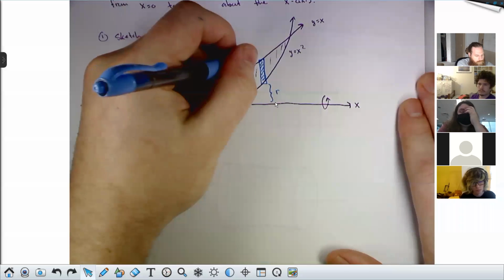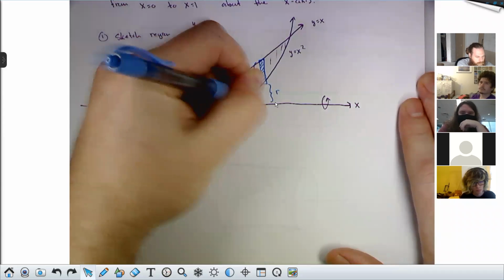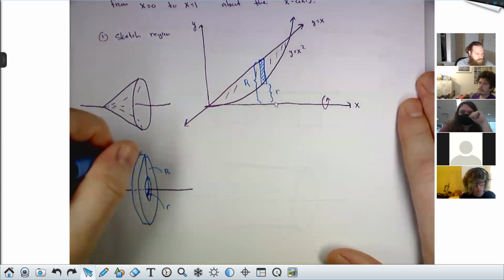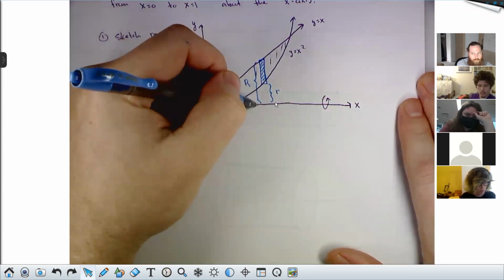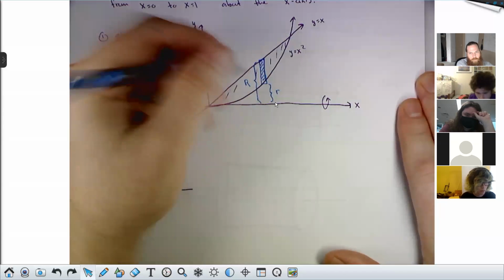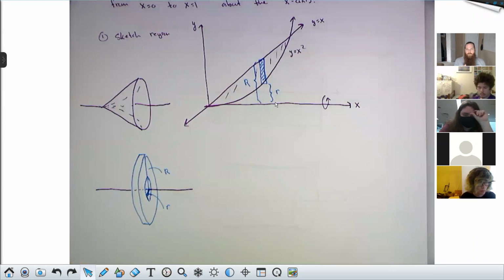And big R is the distance from my axis of rotation to the outer edge of my washer. So that's going to be this distance. This is by far the hardest part, right? Setting these up and seeing what distances in the sketch of the region correspond to the distances or statistics you need on the little differential solid.